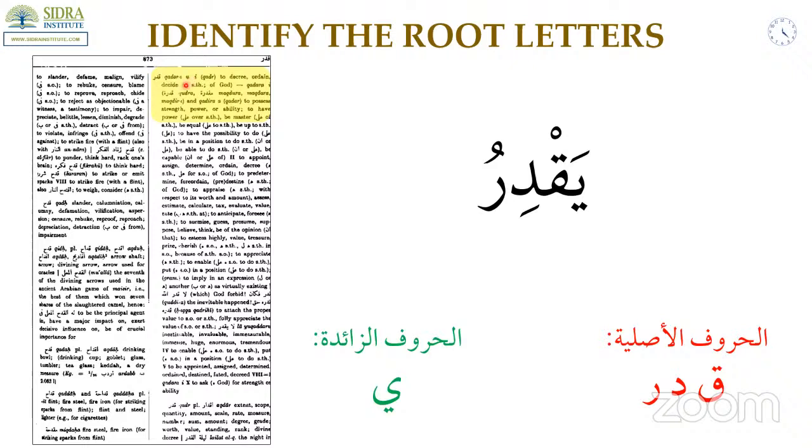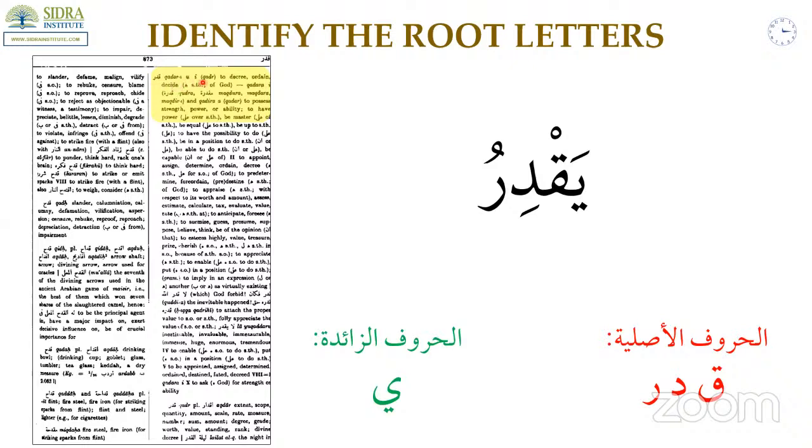U means that the second to last letter in the imperfect tense verb, which is the dal here, can be read with a dhamma, and i means kasra. So you could say qadara yaqduru, and you can also say qadara yaqdiru.